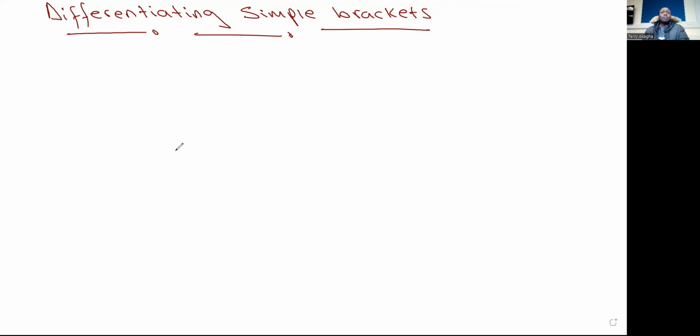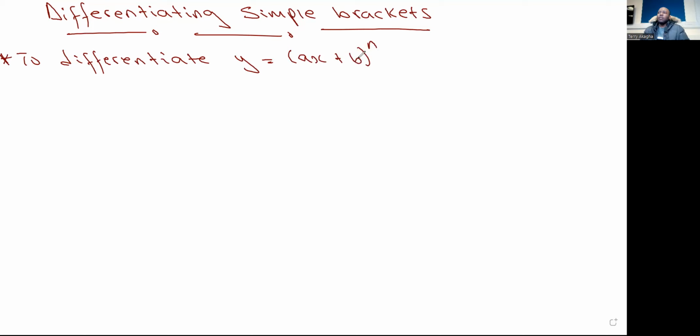How do we differentiate simple brackets? So that means, for example, if you are told to differentiate a bracket, there is something like y is equal to (ax + b) raised to the power n.